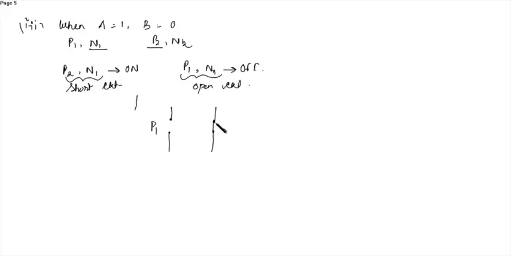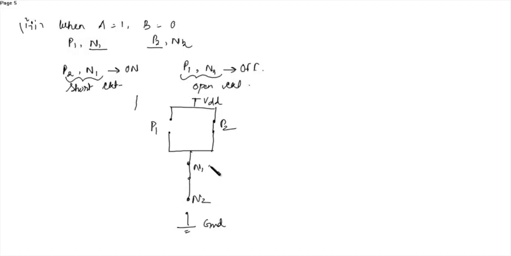So it is represented as short circuit. This is P2. This is connected to VDD. Now here N1 is on. So it is short circuited. And N2 is off, so open circuit. This is ground. This is N1 and N2.